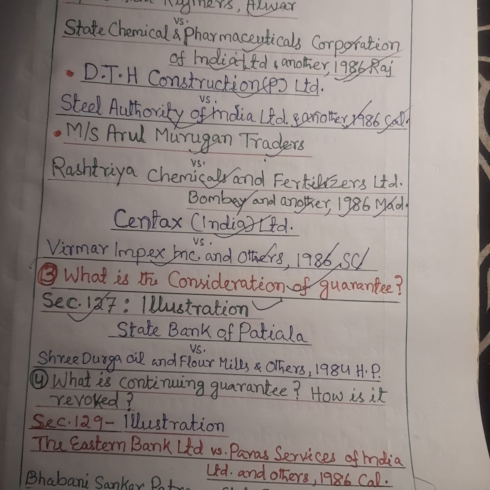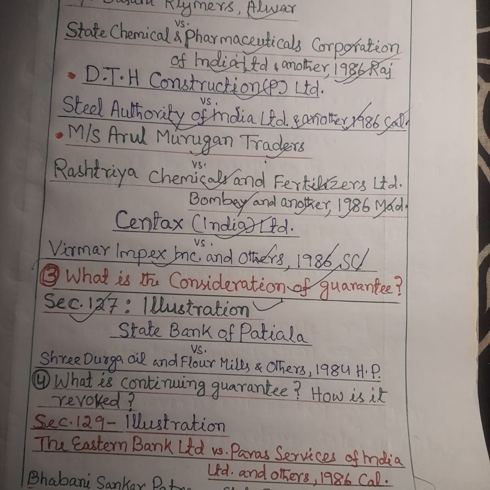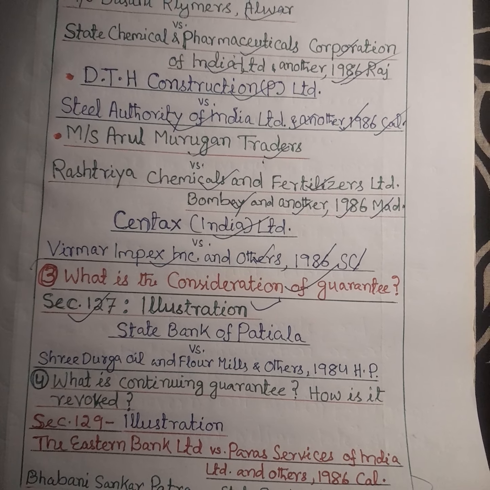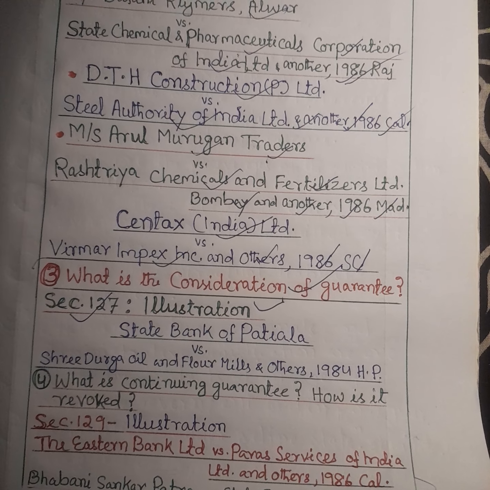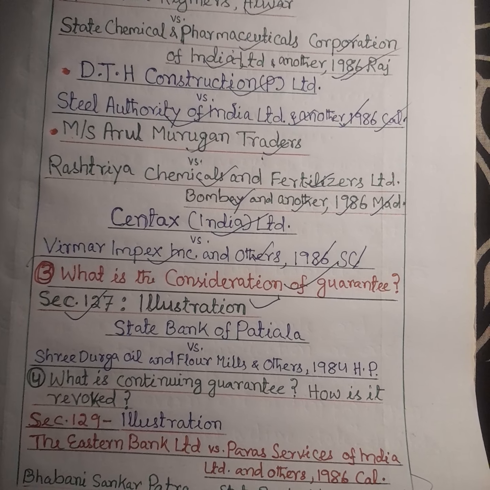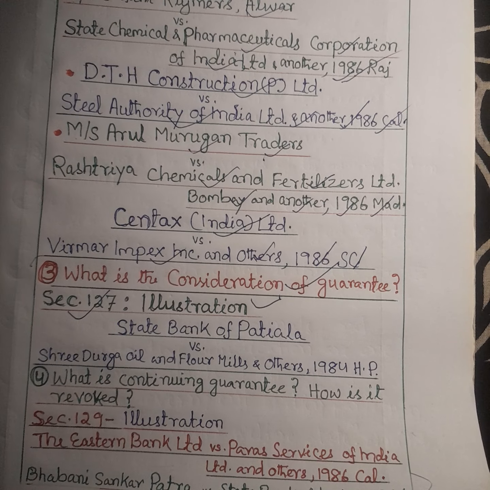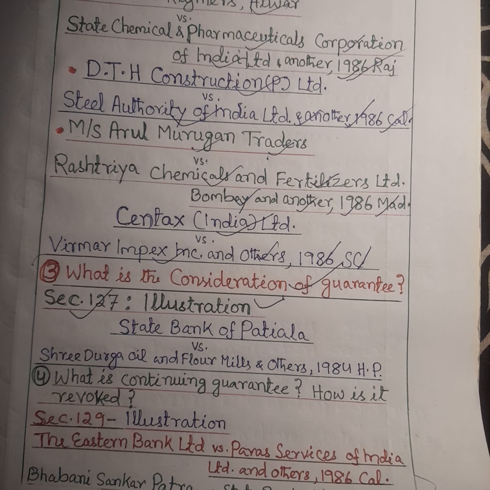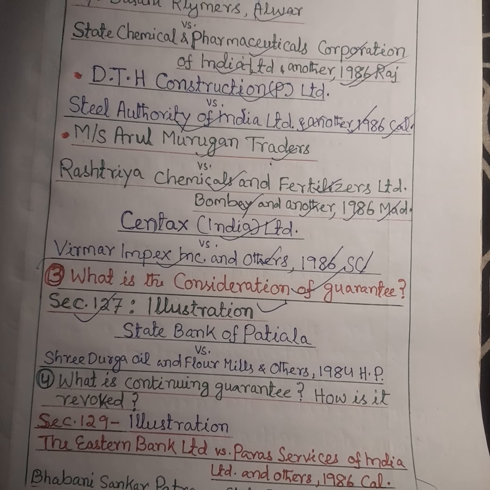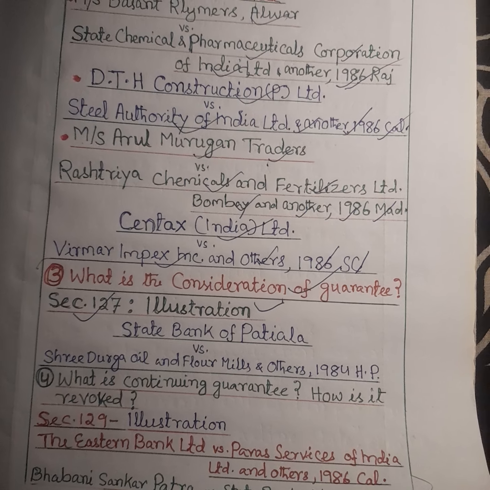It is not necessary that there should be some benefit to the surety himself, and regarding refraining from launching the prosecution is a sufficient consideration for the promise made by a surety.